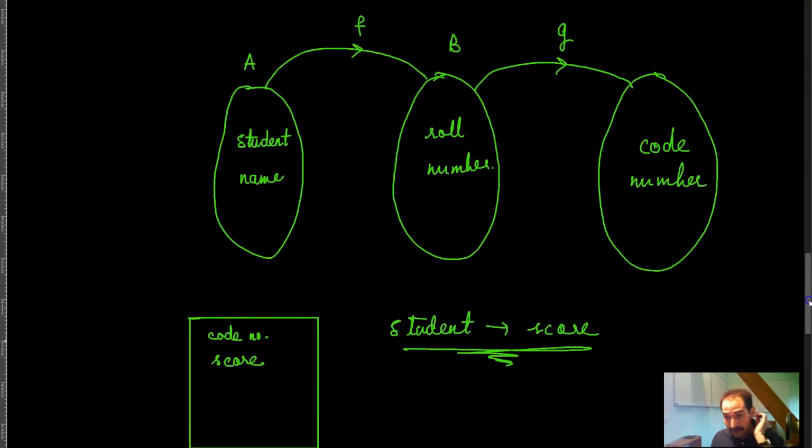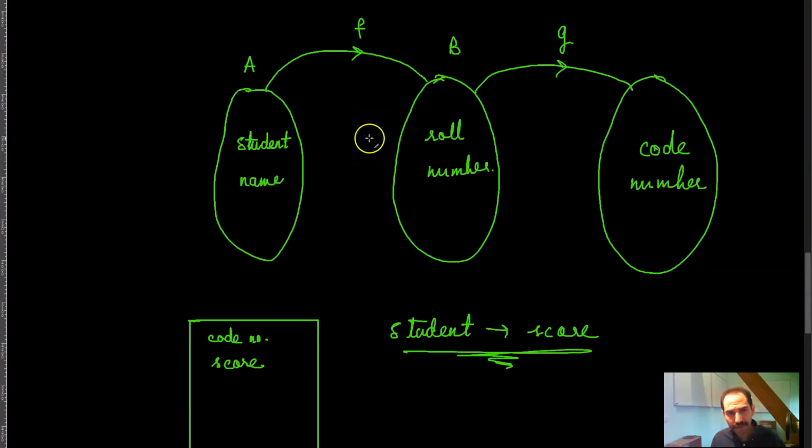So as you can see, first what happens is that through function f, a student will be assigned a roll number. Then through some function g, a roll number will be assigned some code number, right? So that is in the first stage. These two things happen in succession.